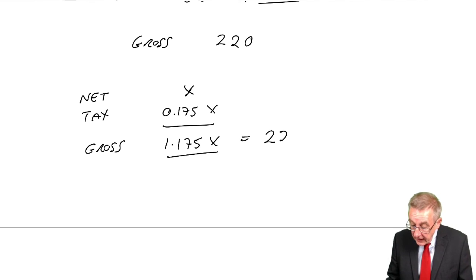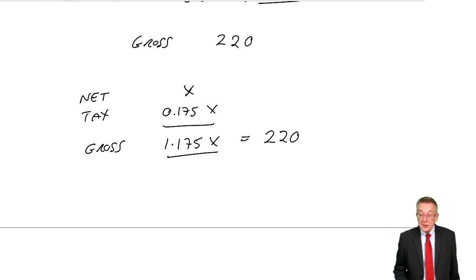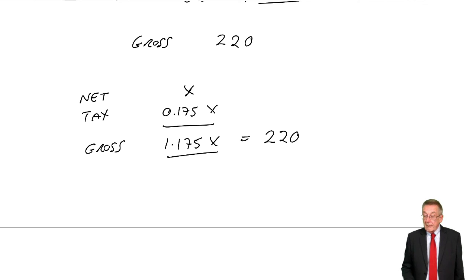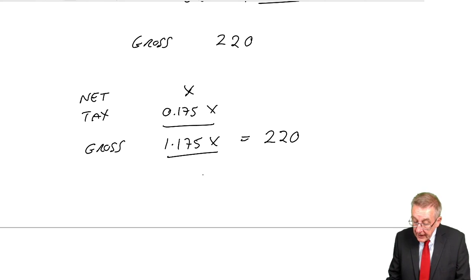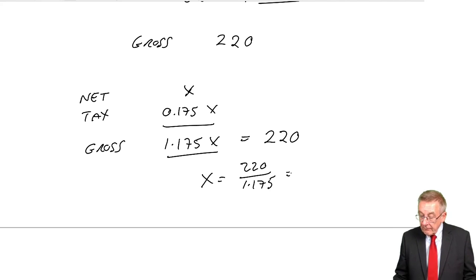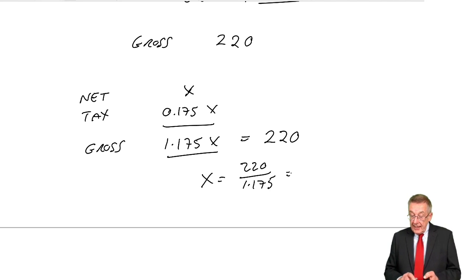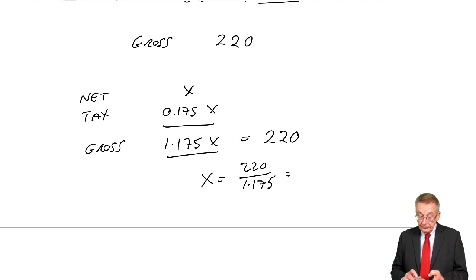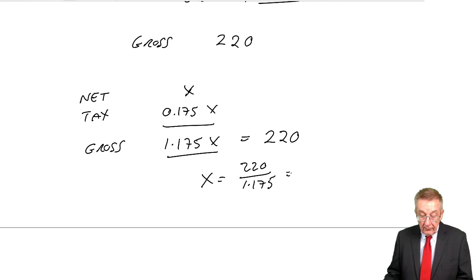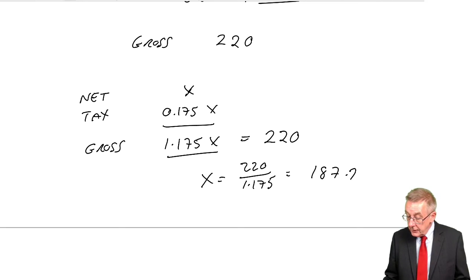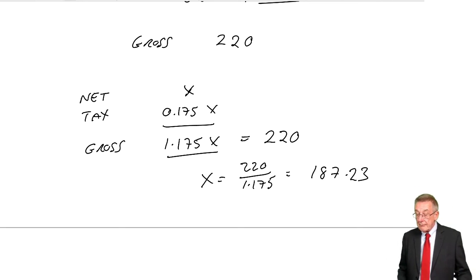And that must be equal to 220, the gross price we were given. The question wants to know the net price. Divide both sides by 1.175. Gives me a net price of 187.23.